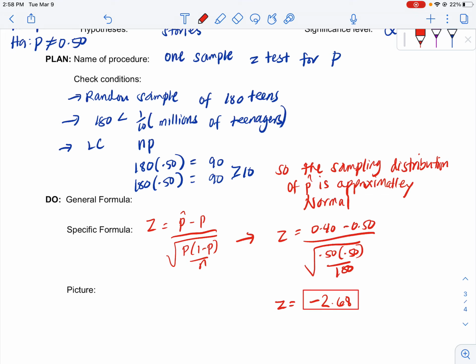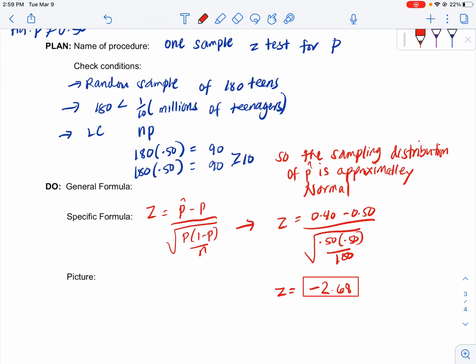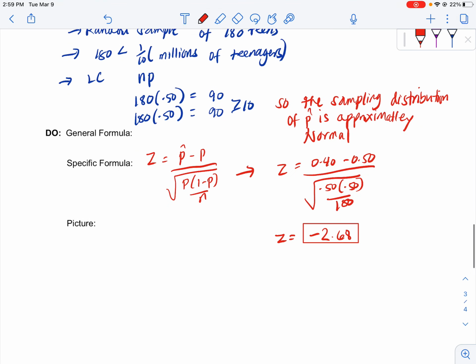And to do that, all you have to do is go to Menu, Distribution, and then on the lower bound, you're going to put negative 1,000. On the upper bound, you're going to put negative 2.68. And then keep your mean and your standard deviation 0 and 1. And you will get, let me write that down here.